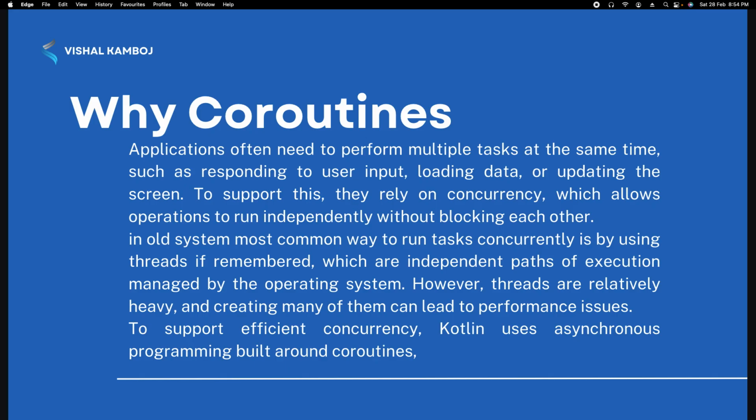At this level we had only one concept, a very old one, and that was threads. Threads are relatively heavy, and creating many of them can lead to performance issues. So to support efficient concurrency, Kotlin uses asynchronous programming built around coroutines. That's the reason we are using coroutines.